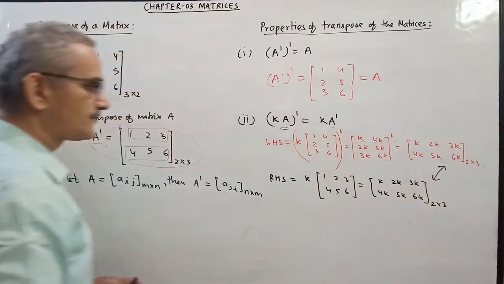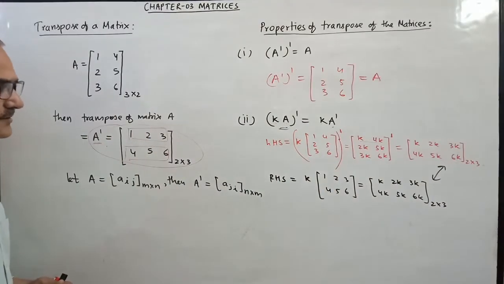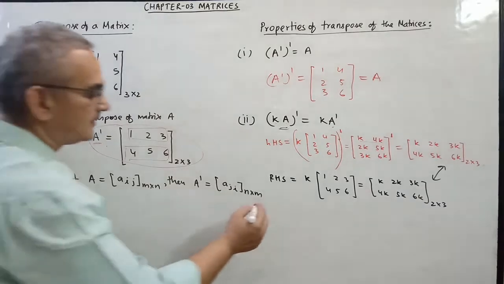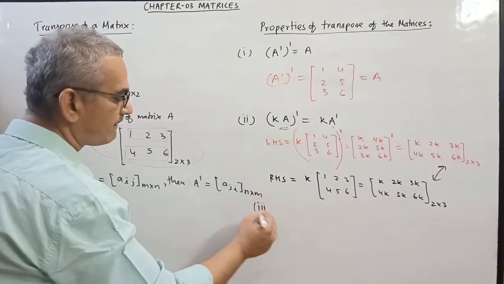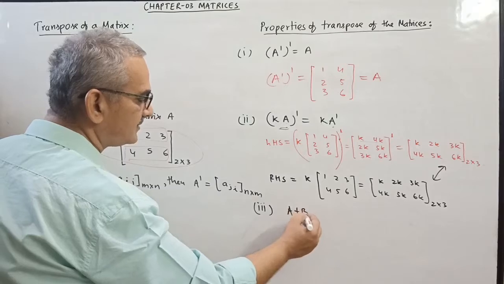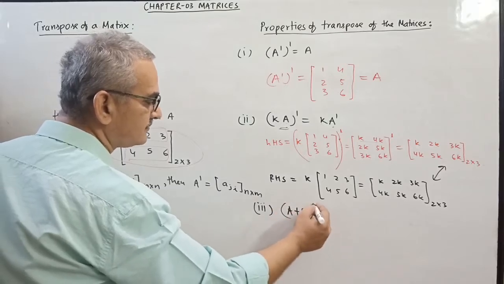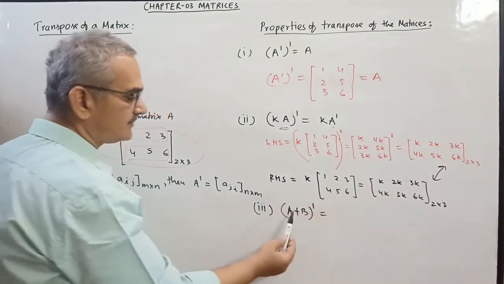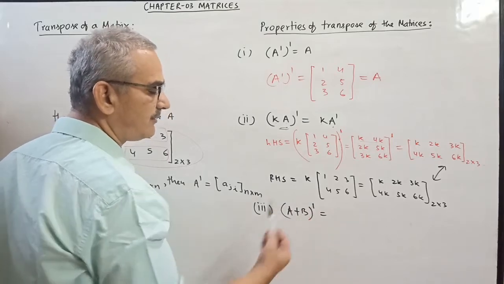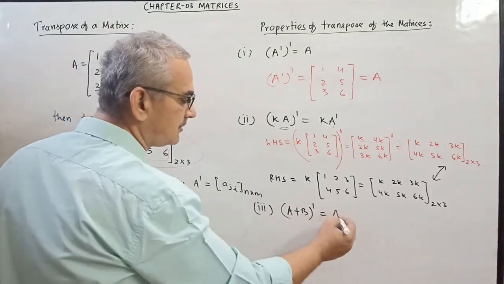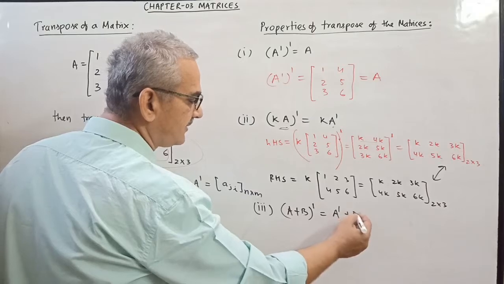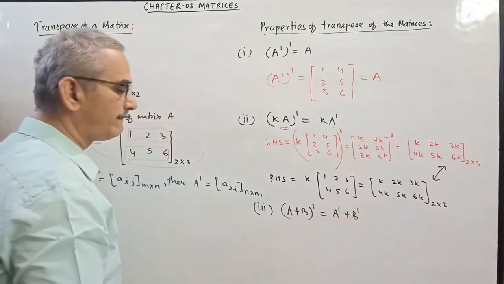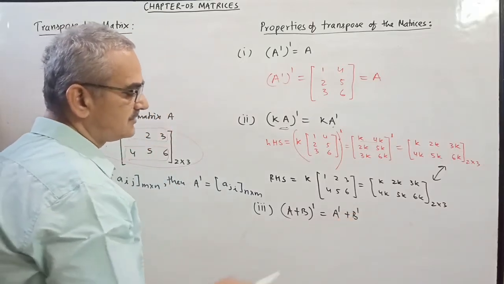The next property, the third one, is that if you have the sum of two matrices, that is, we add the two matrices A and B and then take its transpose, or we take the transpose of each matrix separately and then add them, the result is the same.